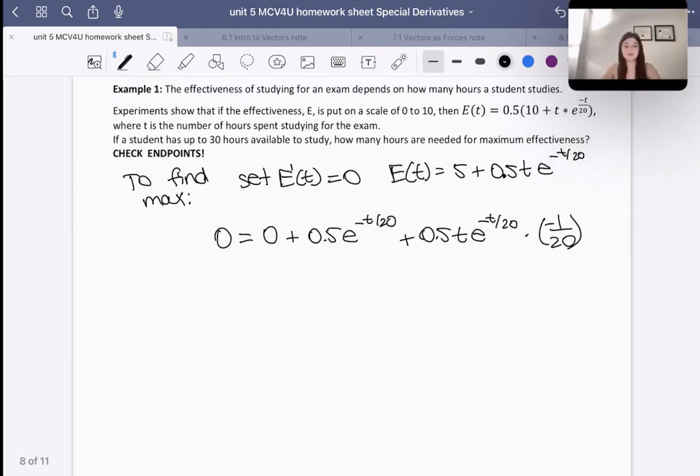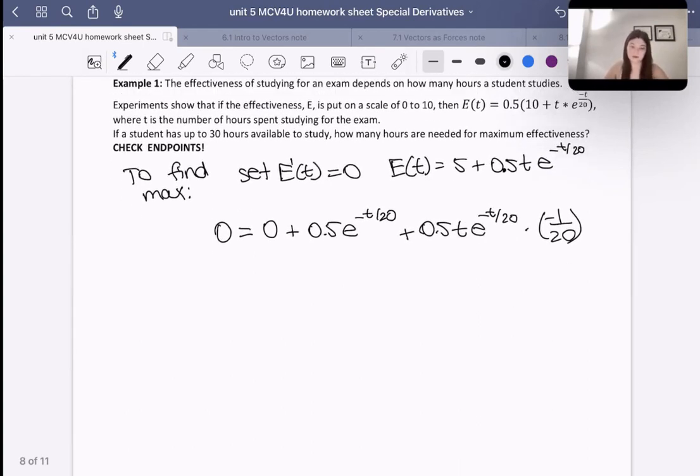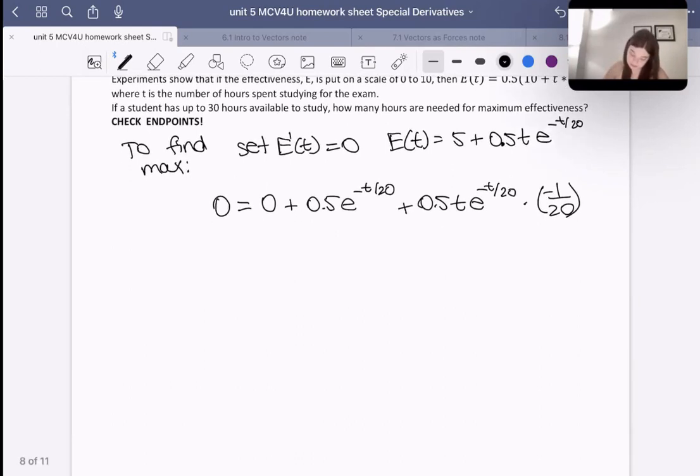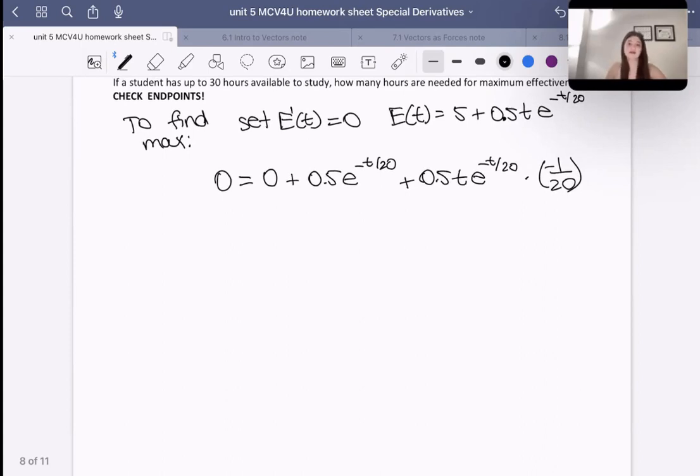So let's first simplify this a little bit further. 0 is equal to 0.5 e to the negative t over 20, and then minus 0.025t e to the power of negative t over 20.